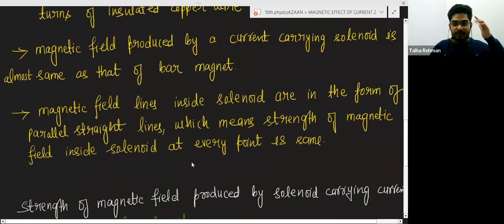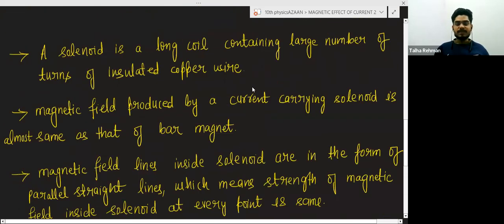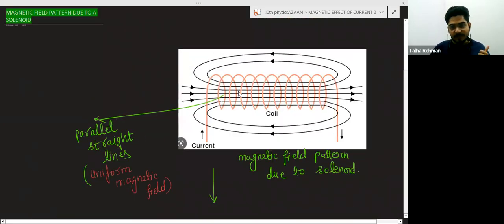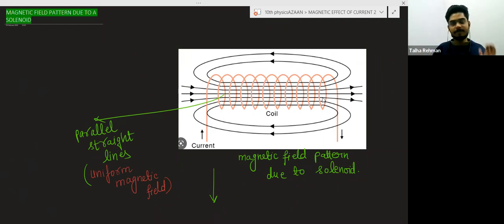Okay, so now we will discuss how the strength of the magnetic field due to this solenoid will change. Obviously, if you increase the number of turns, the strength of the magnetic field will increase.